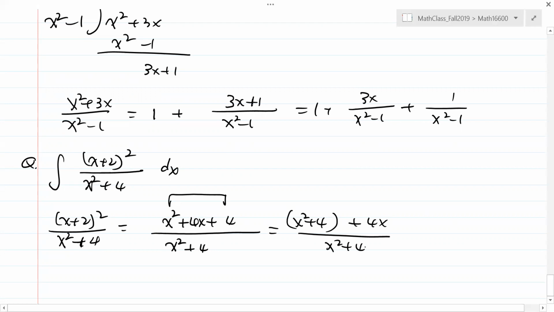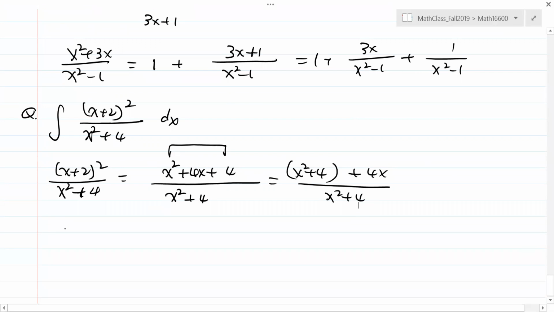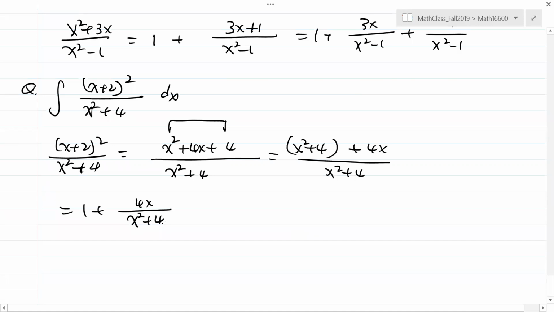Then what do you get? You get 1 plus 4x over x squared plus 4. But you can also get this from a long division. You get the quotient equals 1, the remainder is 4x.